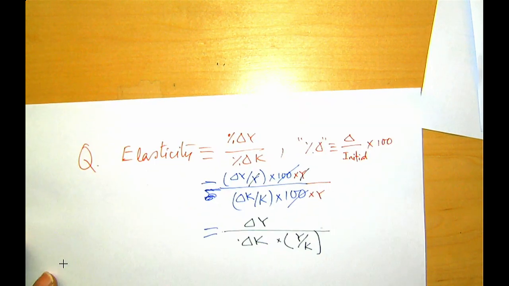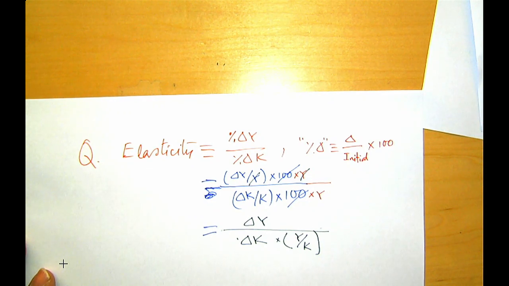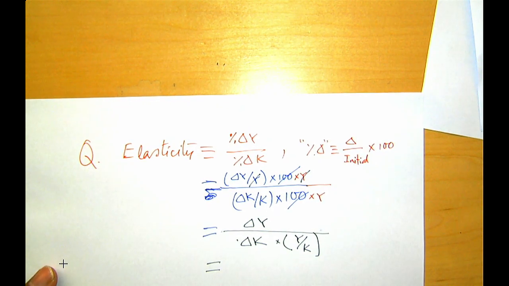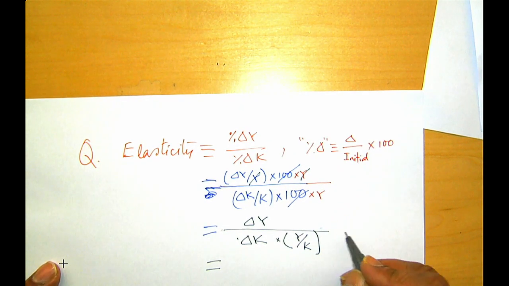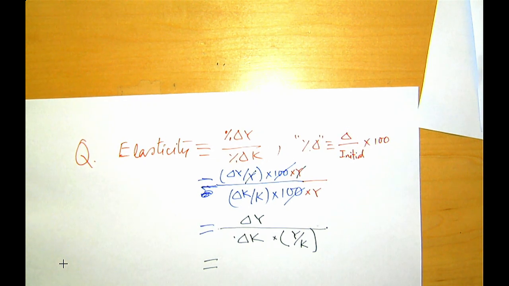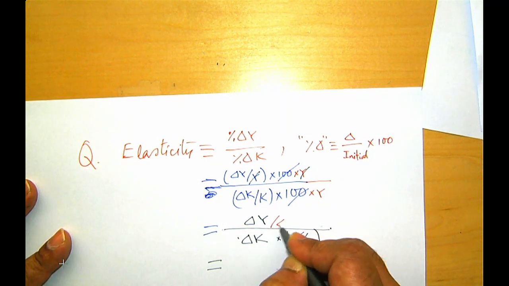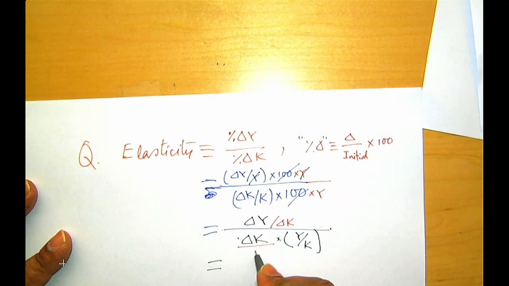Is everybody okay? Raise your hand if you didn't follow this step. Okay? So then the next step, the last one. I'm going to divide the numerator by delta K, and I'm also going to divide the denominator by delta K. So what do I get?